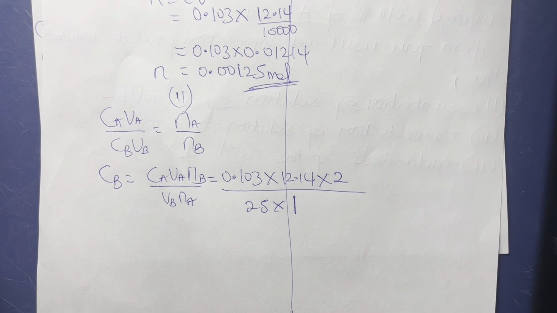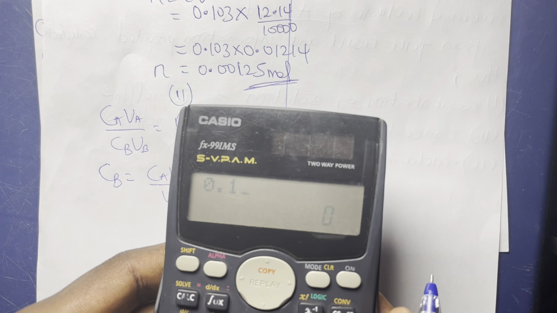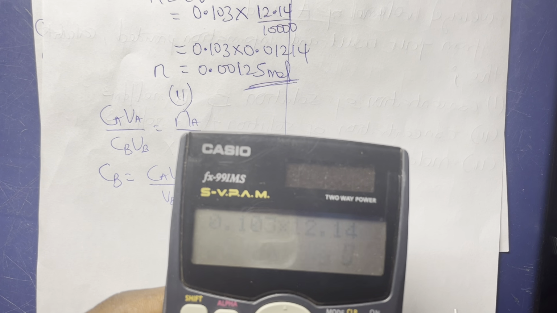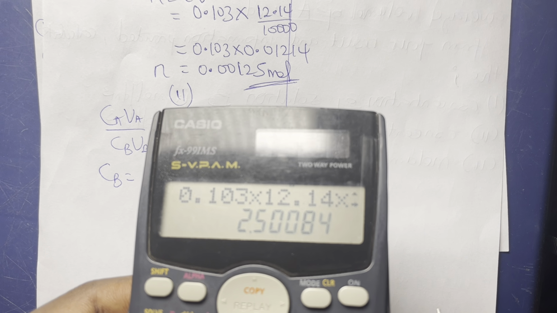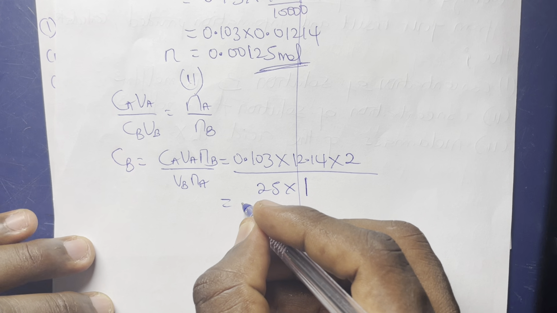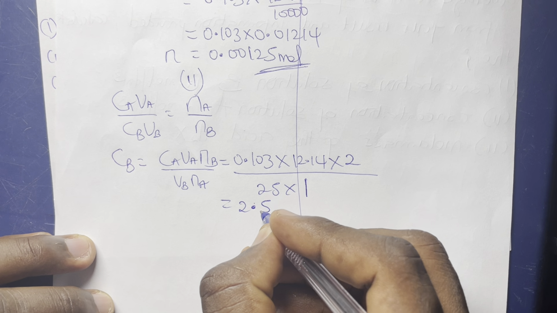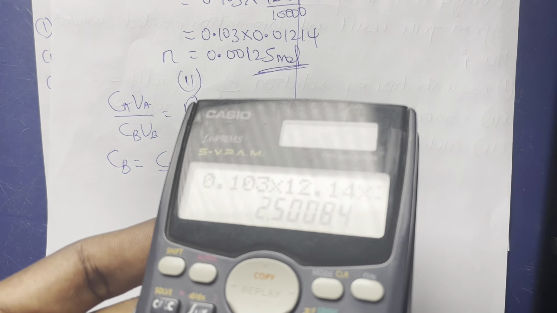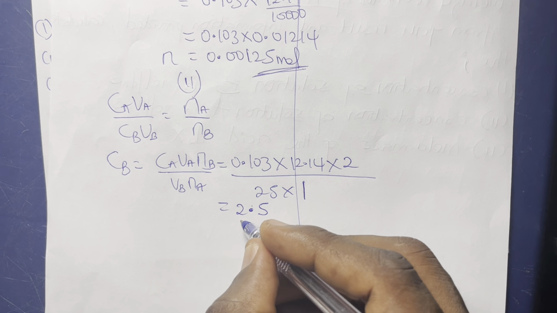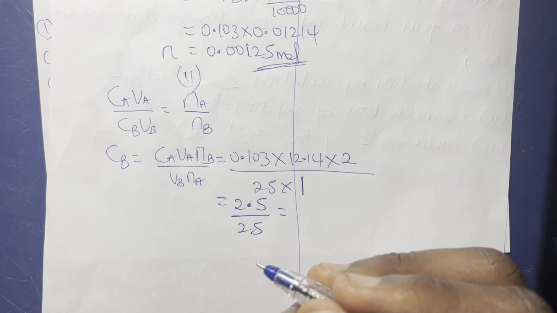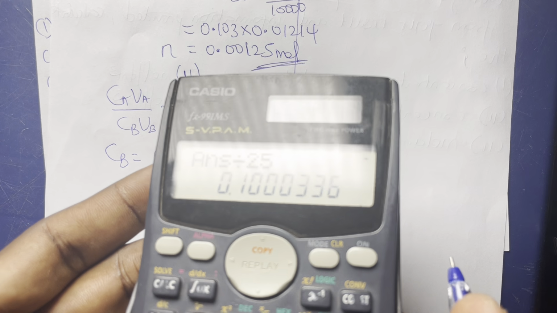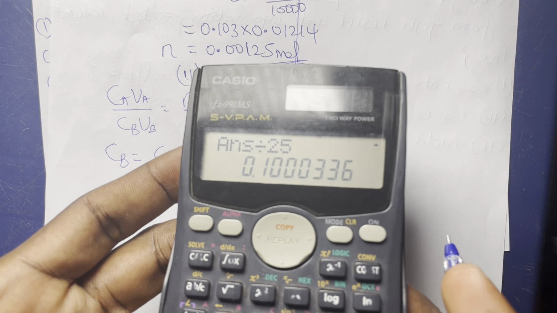So let's do the multiplication. That will be 0.103 multiplied by 12.14 times 2, which gives 2.50084, so that's about 2.5. Then 2.5 over 25, that is 2.5 divided by 25, gives 0.1.